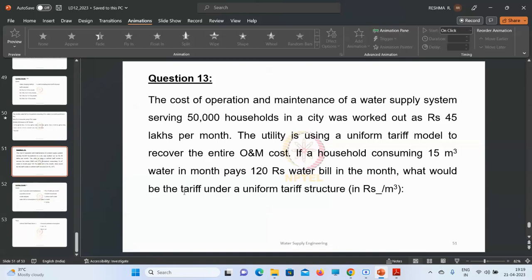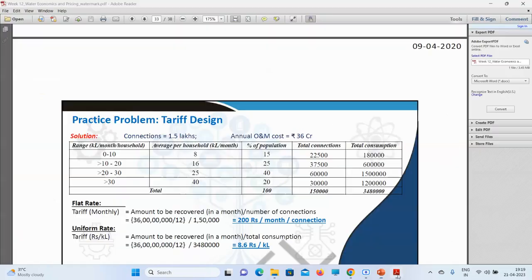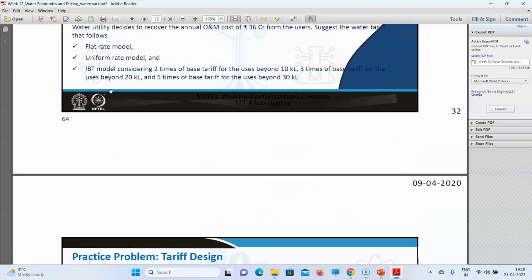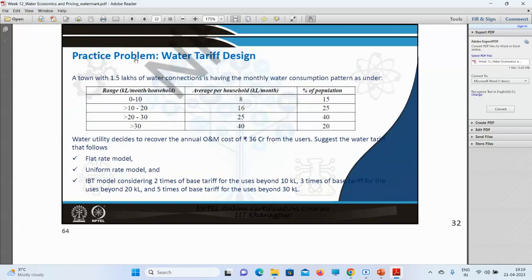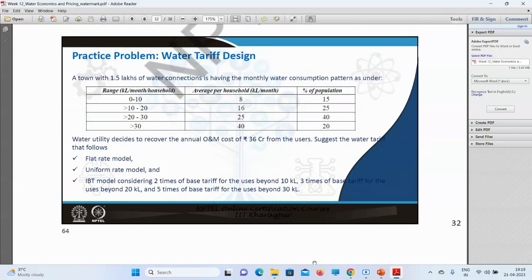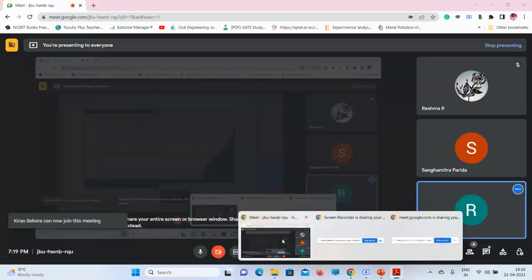They're asking the tariff under a uniform tariff structure, and here, what is being asked? So just the water tariff that you follow. If that logic also applies, now even I am confused. So I think this water tariff design.